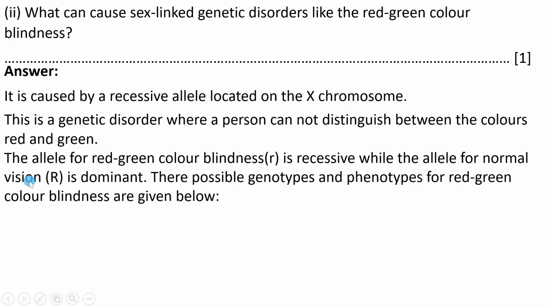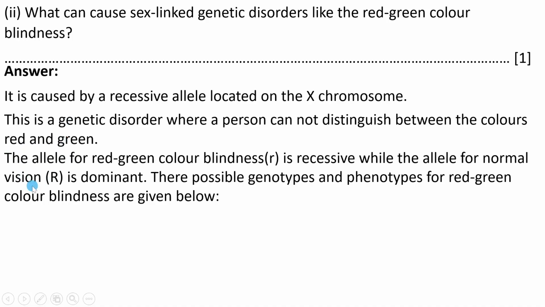But if you are carrying this one on your X chromosome, then you will not be able to see the difference between green and red.